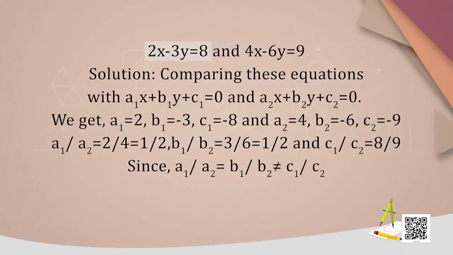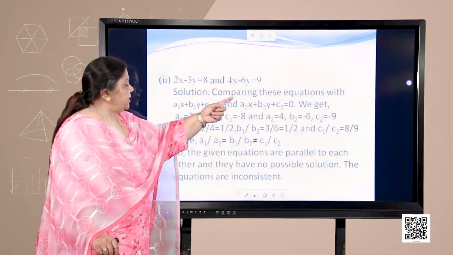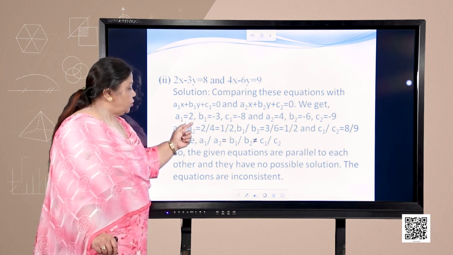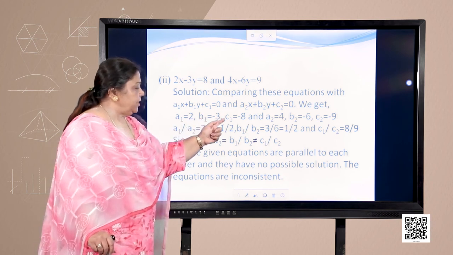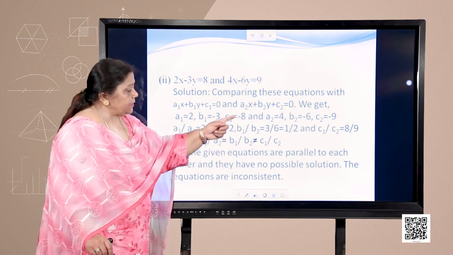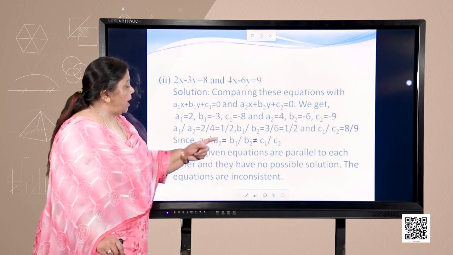2x minus 3y is equal to 8 and 4x minus 6y is equal to 9. On comparing these equations with the general equations, we have a1 is equal to 2, b1 is equal to minus 3, c1 is equal to minus 8 and a2 is equal to 4, b2 is equal to minus 6 and c2 is equal to minus 9.